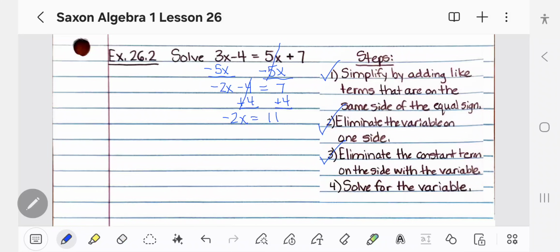Took care of that. Now we're going to solve for the variable. They're multiplying by negative 2, so let's divide by negative 2. X is going to be equal to negative 11 halves, which is exactly what we got in the last example. So you can see, even if you choose to start by eliminating the other variable, that's okay. You'll get the same answer.